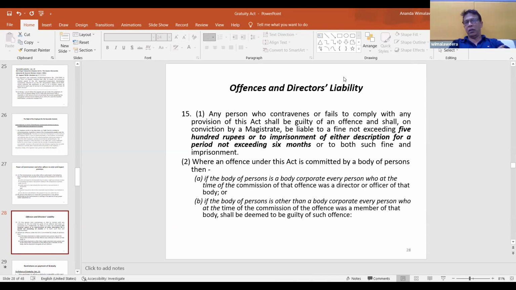Which company has the liability to pay compensation? Not compensation, gratuity. The company or me? My company is company Y. Who has the liability if you have completed 5 years with company X? Who has the liability to pay?